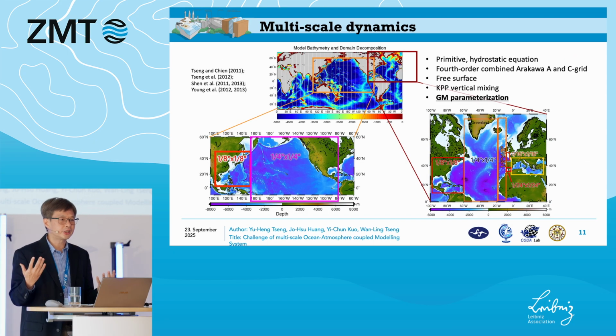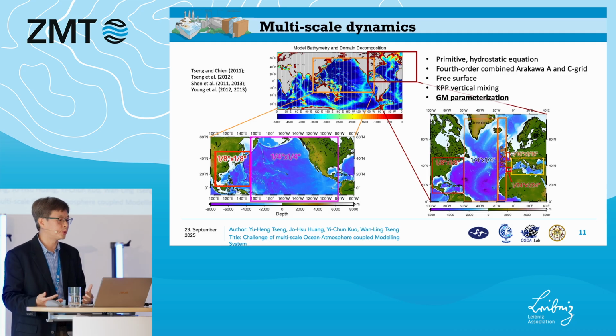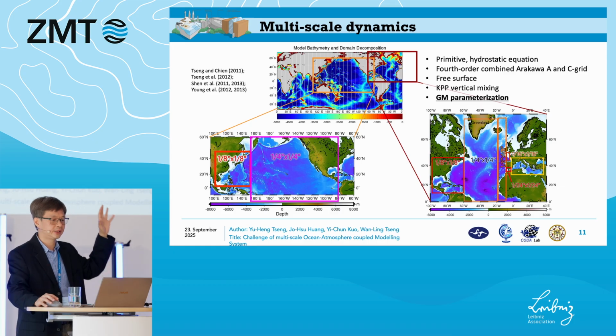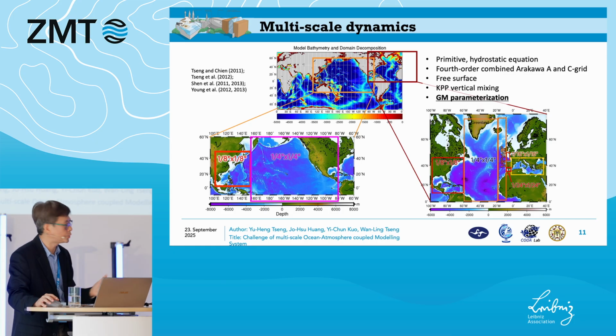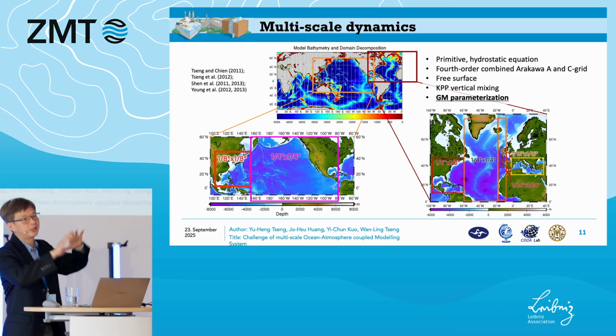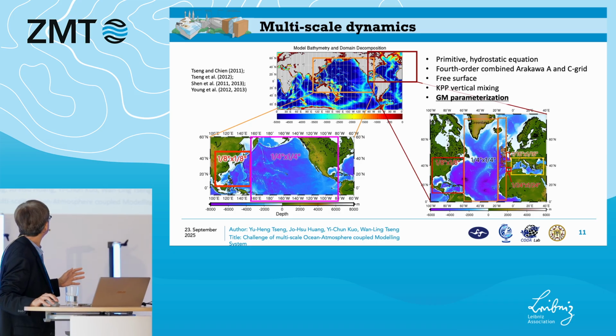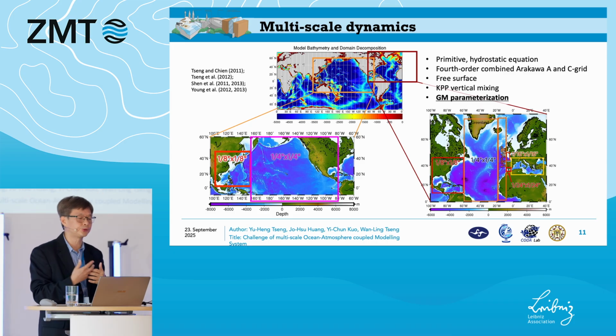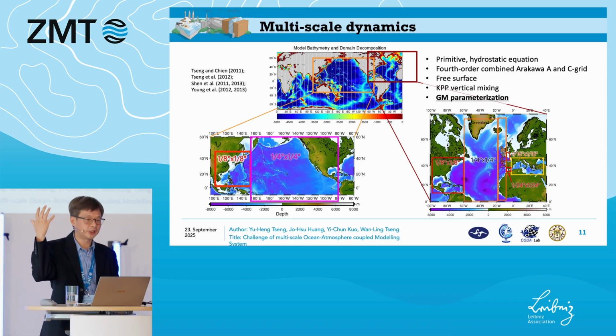So in general, what we want to say is we want to try to model the multi-scale dynamics. So a potential approach could be, okay, we can run a global model, but for the Pacific Ocean, we can separate into several domains, and for the North Atlantic domain, we can also separate into several domains, so that we can model certain regions.